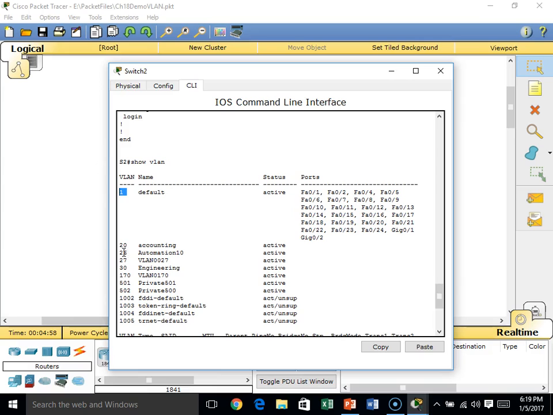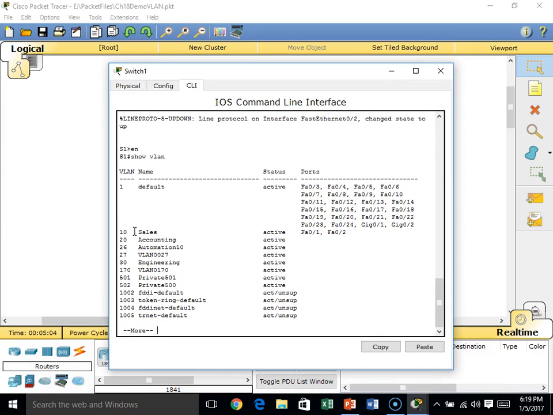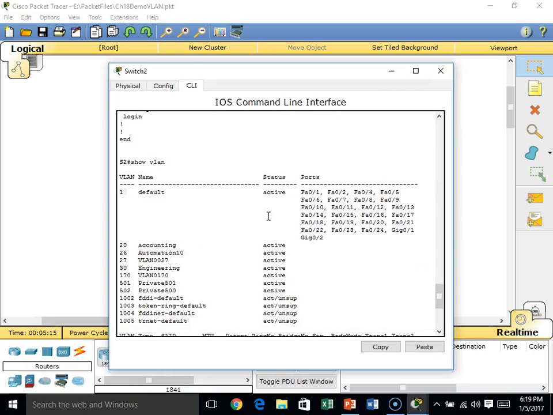But we have 20, 26, 27, 30, and all of those are over here on this one. Let's go back to this one. It's got 1, it's got 10, 20, and all that other stuff. But this one is supposed to be on VLAN 10, but when we look in the database, there is no VLAN 10.